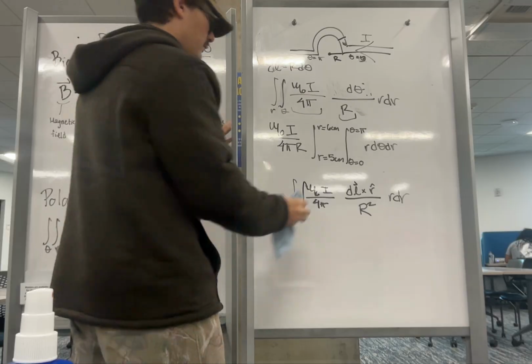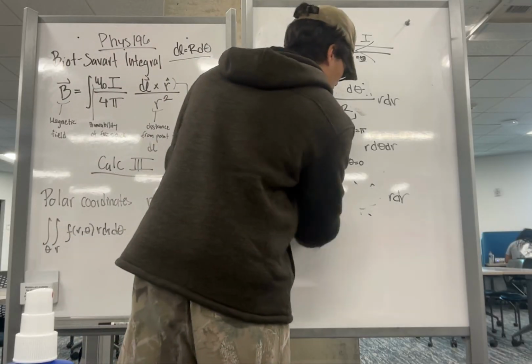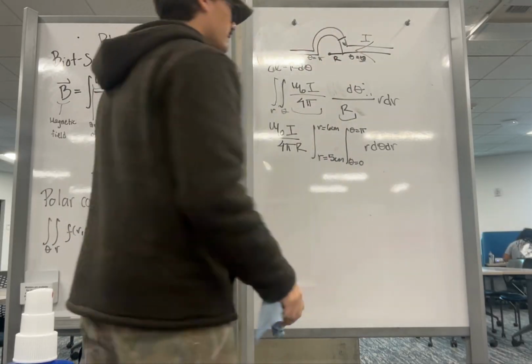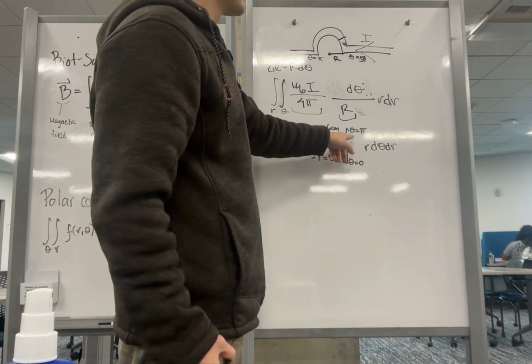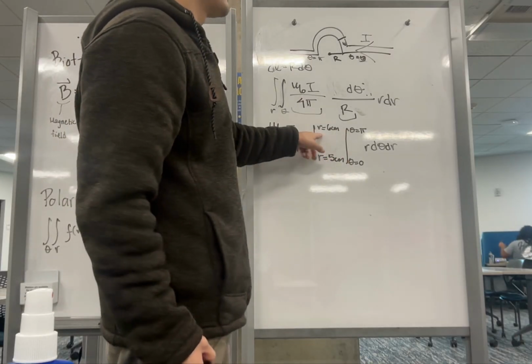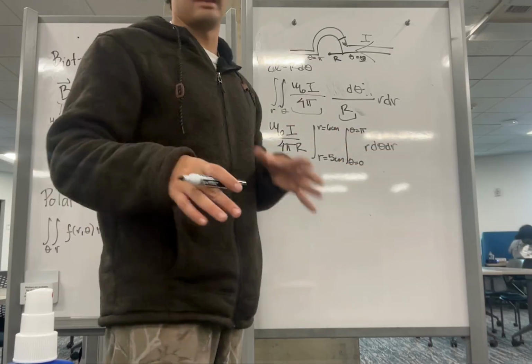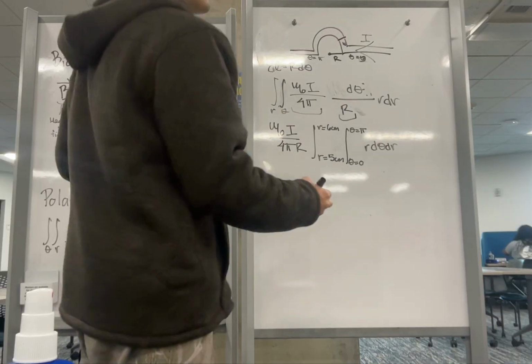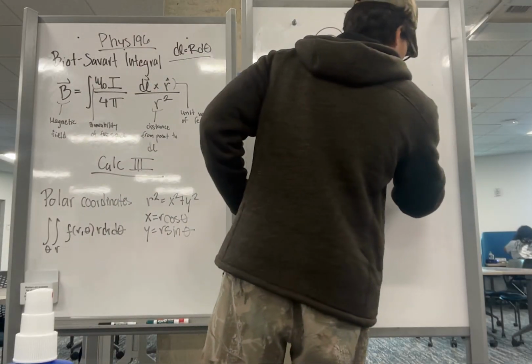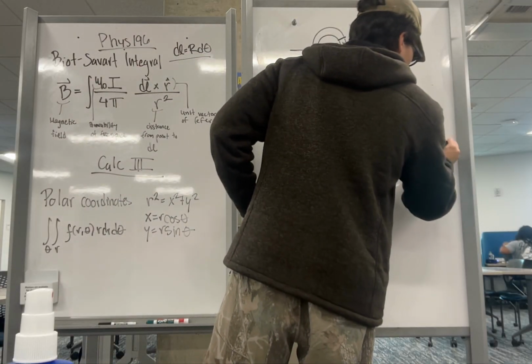And since it asks for an expression first, this is going to be our expression for the magnetic field, because if not, I would just have to do theta initial, theta final, r initial, r final, and then do a whole plugging thing. I really don't want to do that because then the expression gets really long. So we're just going to say this is our expression for the magnetic field.